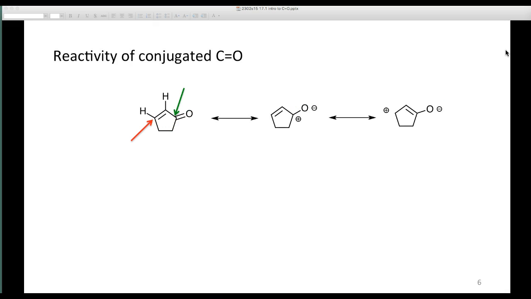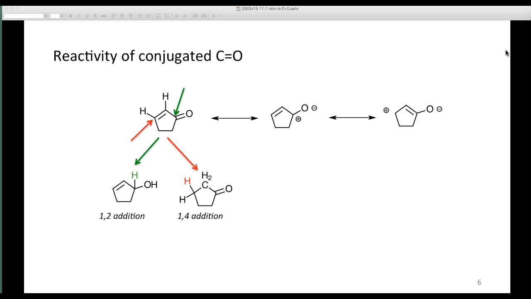So to illustrate more clearly, I now know that my nucleophile could attack at the red electrophile, 1,4, or the green electrophile, 1,2. If it attacks green, I'll end up with that alcohol.